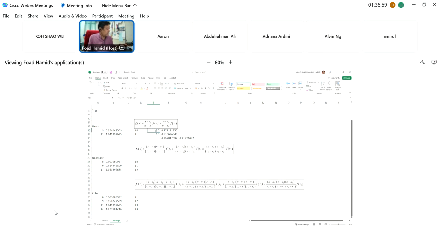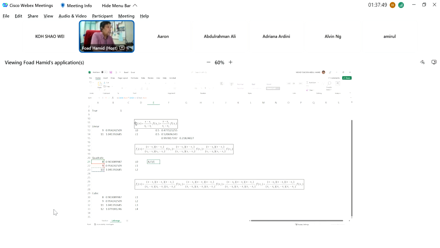Let's just copy this, Control C and Control V. Now I need to put two brackets here, and then times x minus x2, x0, x1, and x2.